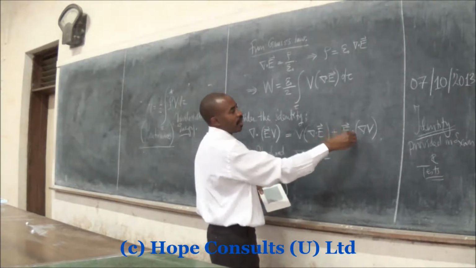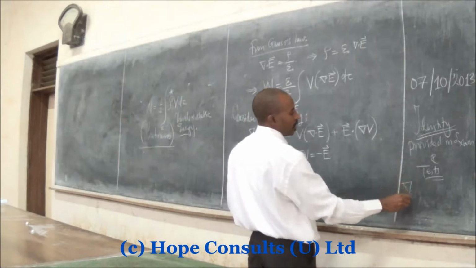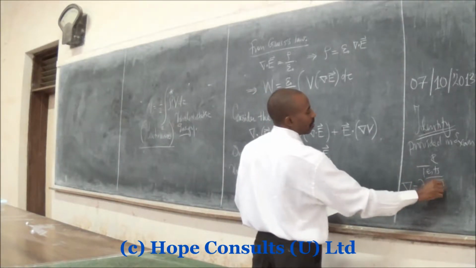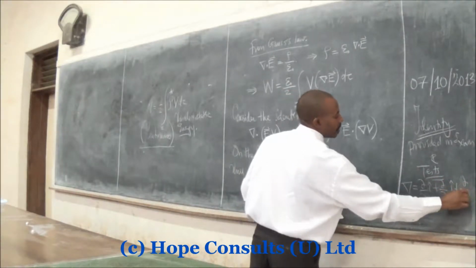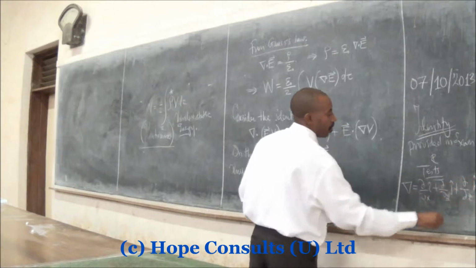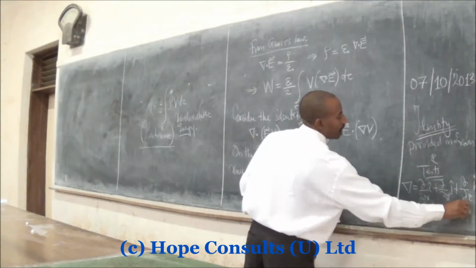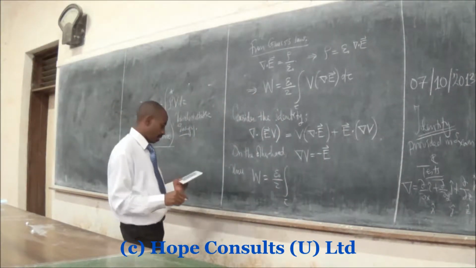But remember, our grad operator, del, is the same as partial by partial x i plus partial by partial y j plus partial by partial z k, or you could have used x hat, y hat, and z hat for when you take the x, y coordinates.